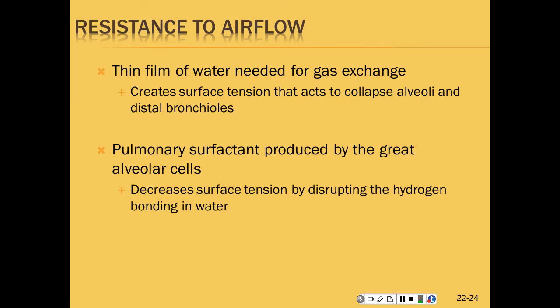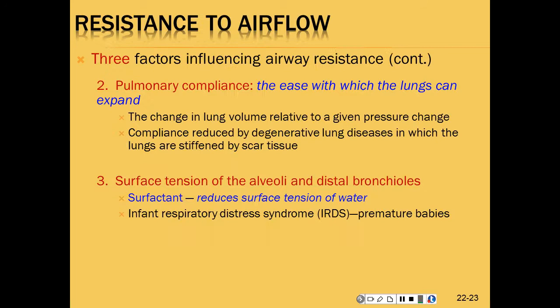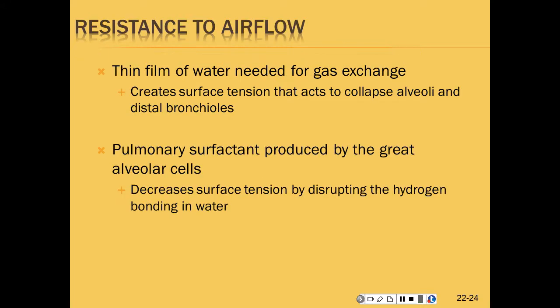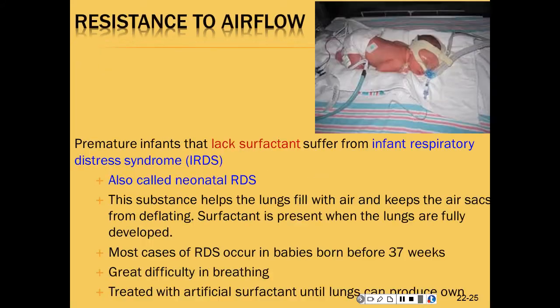Now we have infant respiratory distress syndrome, or IRDS, in premature infants, which is often treated by administering artificial surfactants. Alright, so here's a little more on the IRDS. It's also called the neonatal RDS.